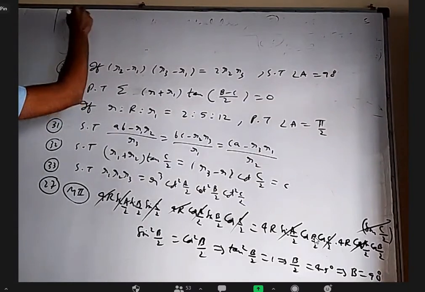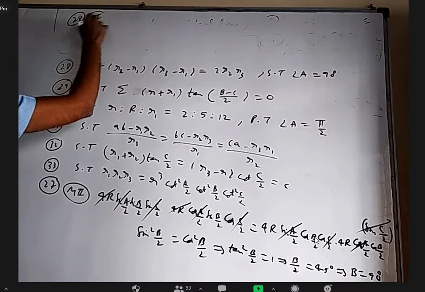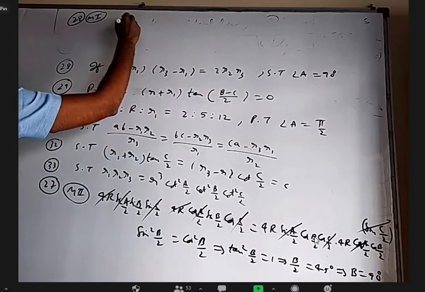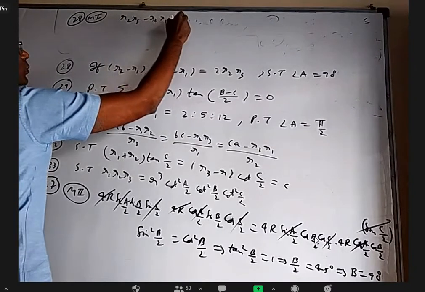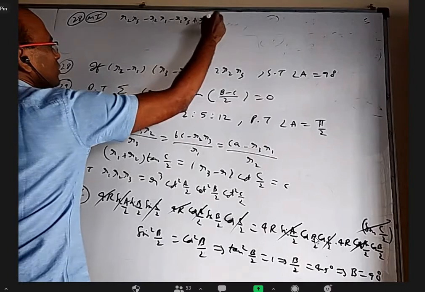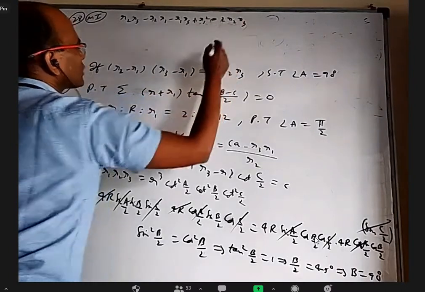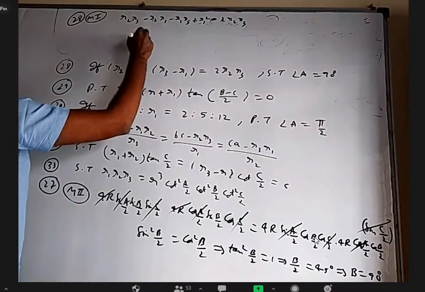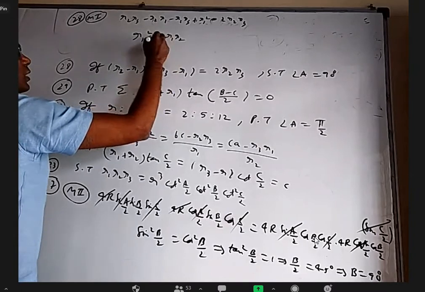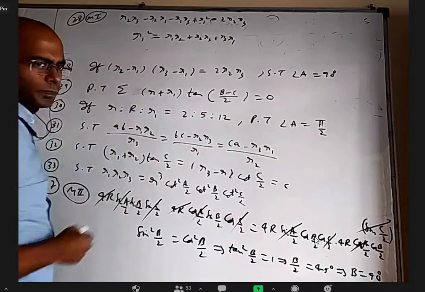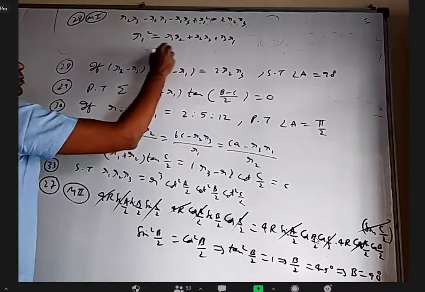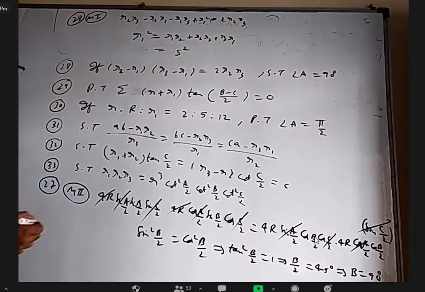Okay, method 1: you just expand this, you will get R2 R3 minus R2 R1 minus R1 R3 plus R1 square equal to 2 R2 R3. If you send everything to that side, you will get R1 square equal to R1 R2 plus R2 R3 plus R3 R1. This one we proved in the beginning, it is S square.